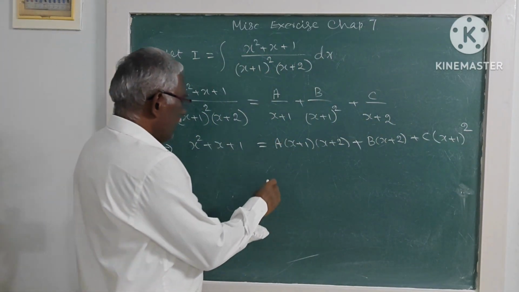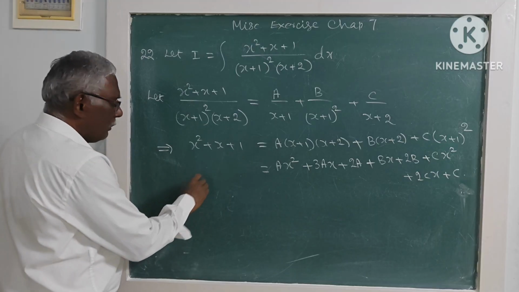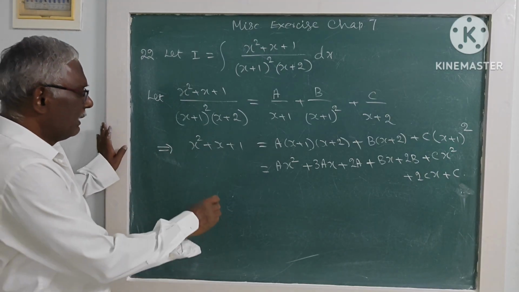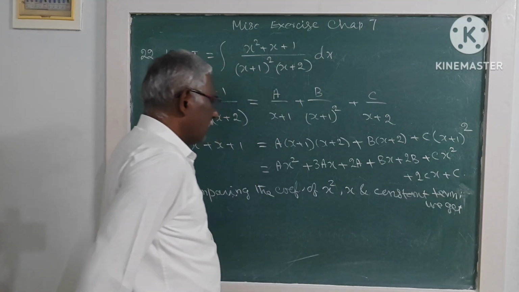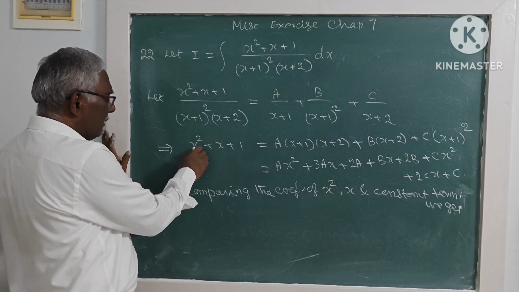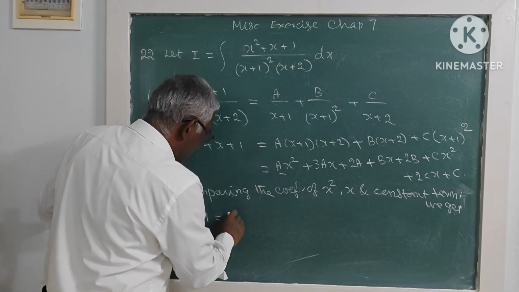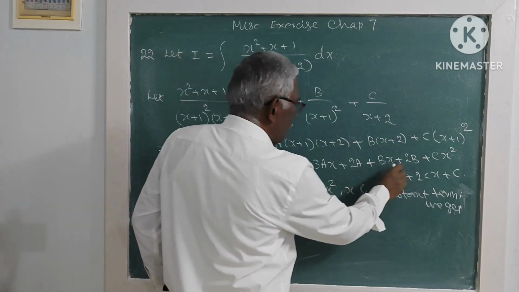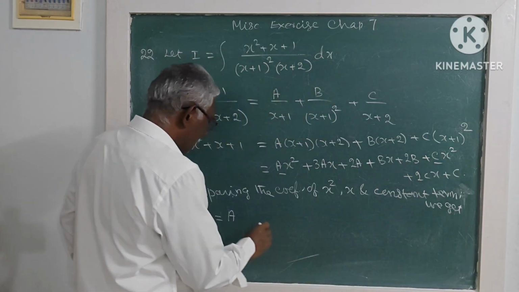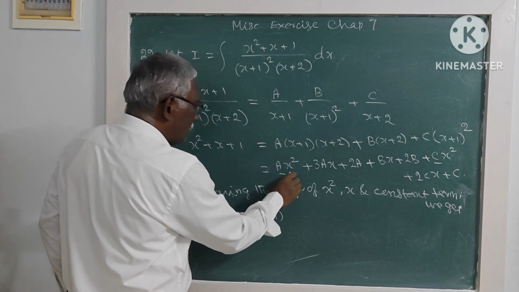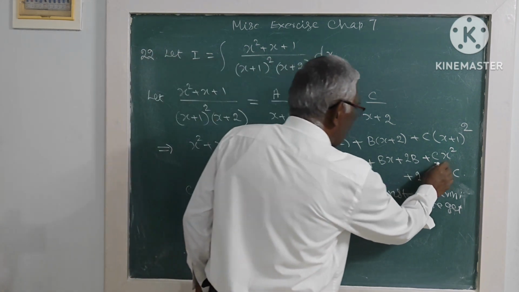Now we'll expand this. Comparing the coefficient of x square, x and constant term, we get: coefficient of x square here is 1, that's equal to a plus c.